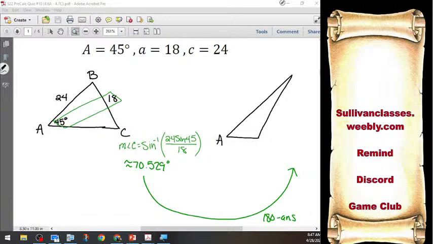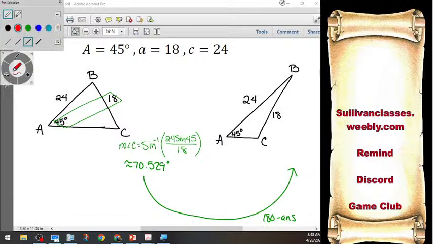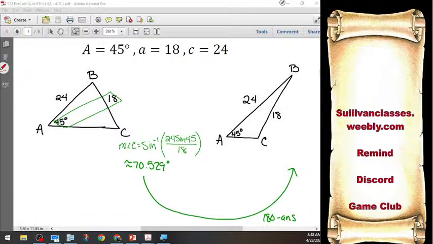Where we've got A, C, B, still 18, still 24, still 45. But now I subtract 180 minus 70 and change, getting 109.471.